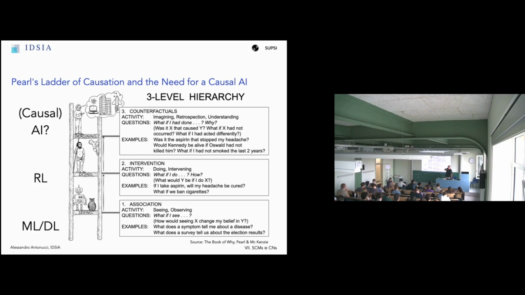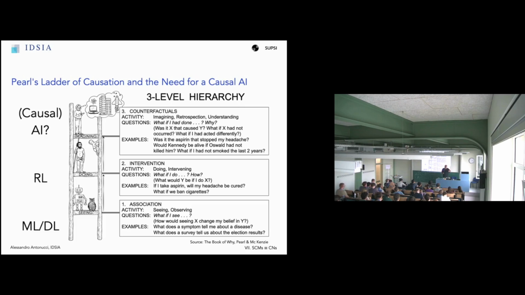So, for instance, in the real world, my patient didn't take the treatment. What would happen if he had taken it? So, what if I had done something, provided that in reality I didn't? So counterfactual has to do with two different alternative worlds.